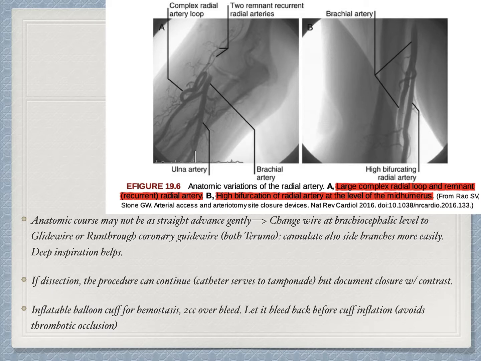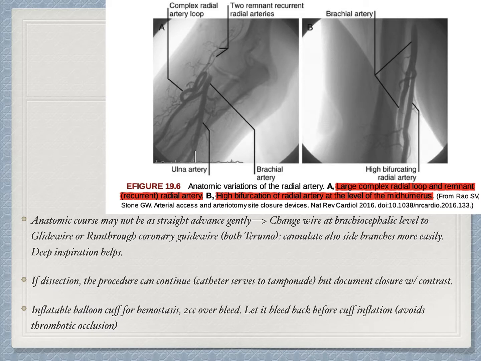If there's any resistance, see where the tip is. Look for any complications. For example, if you dissect the artery, the procedure can still continue because the catheter serves as a tamponade, but you have to confirm this is resolved when you take out the catheter. You have to intervene if necessary.